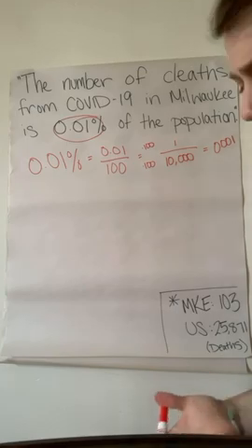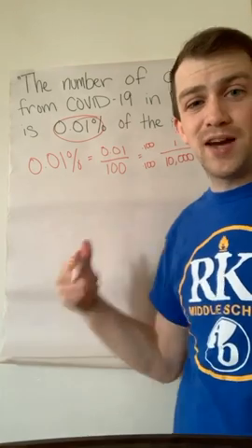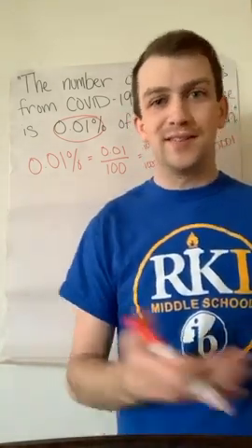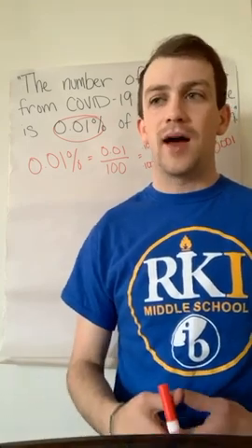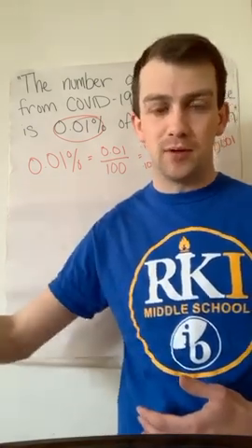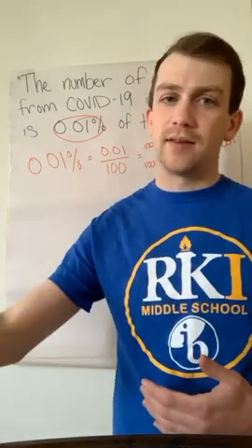But that's how many people have died in Milwaukee right now, and we could compare ourselves to cities like Seattle and New York, who had more people getting sick and dying before we did. They're seeing even more people getting sick, and Milwaukee might be moving in that same direction.